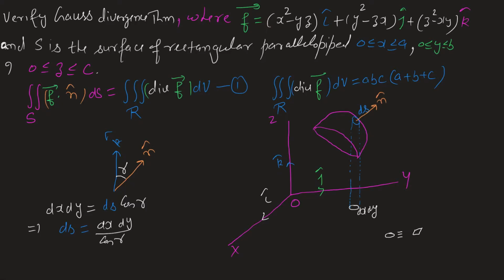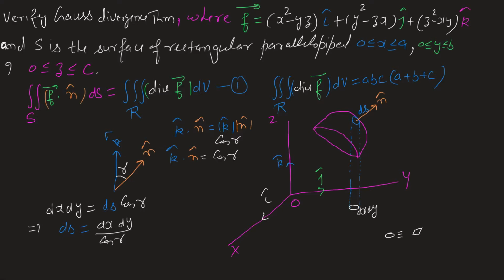And from here we know that k cap dot n cap is equal to the magnitude of k cap times the magnitude of n cap times cos of gamma, using the formula for the dot product. These are unit vectors, so their magnitudes are 1. So k cap dot n cap is equal to cos of gamma.